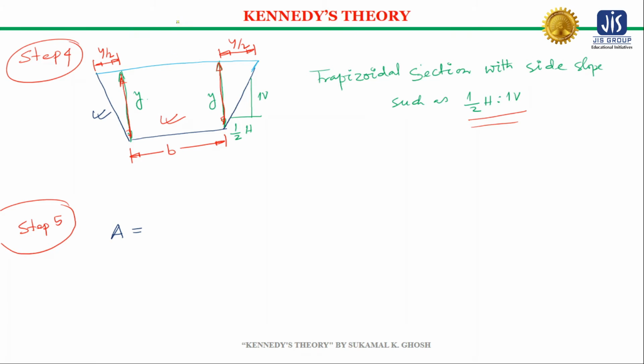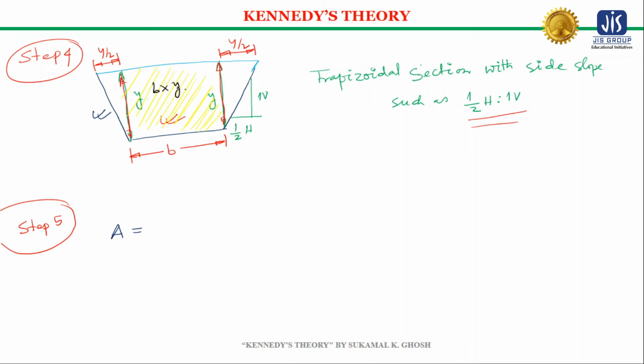The first part will be this rectangular part which is having Y depth and B width. The area of this rectangular section will be B into Y, correct?